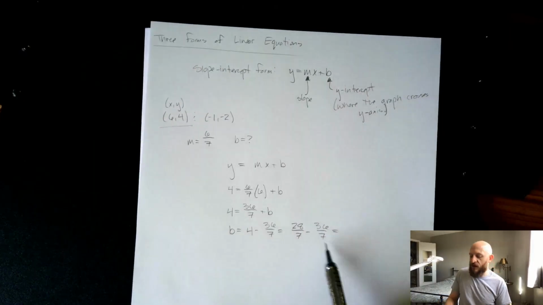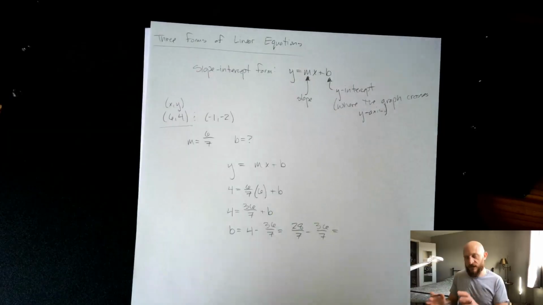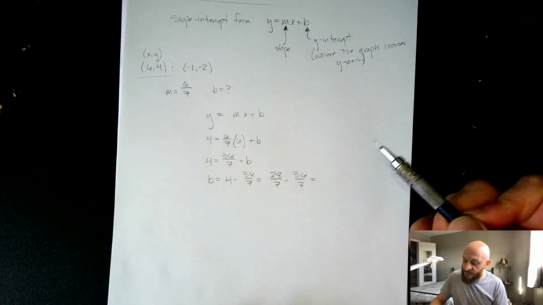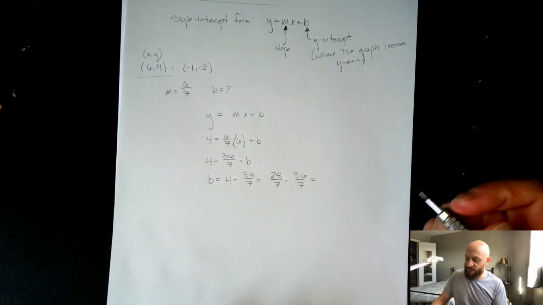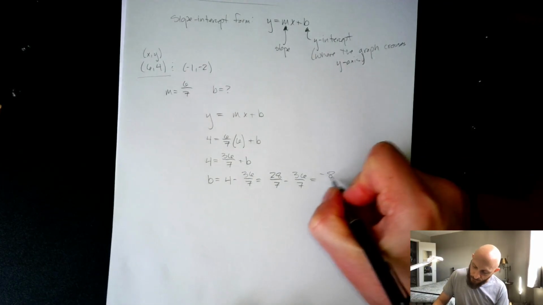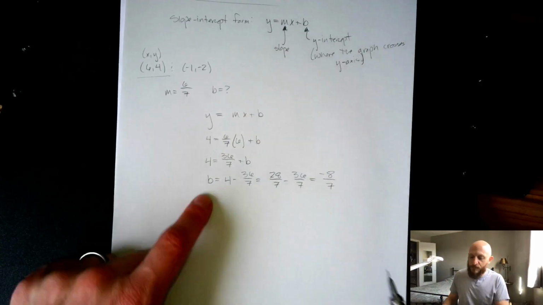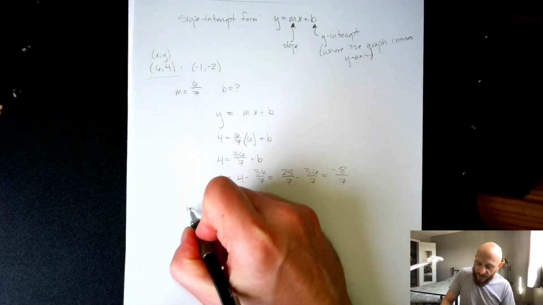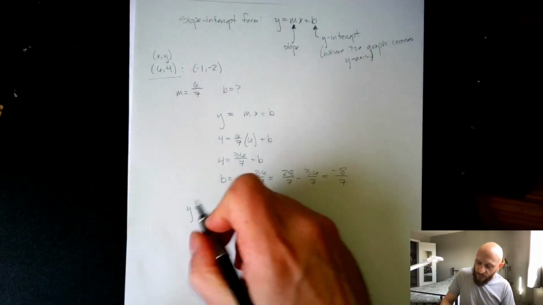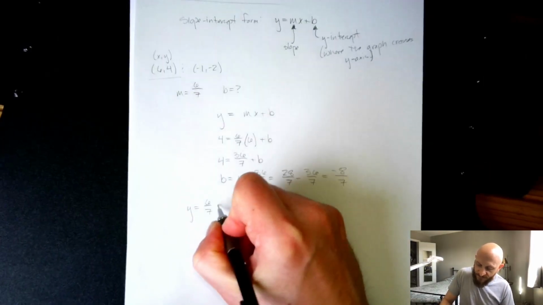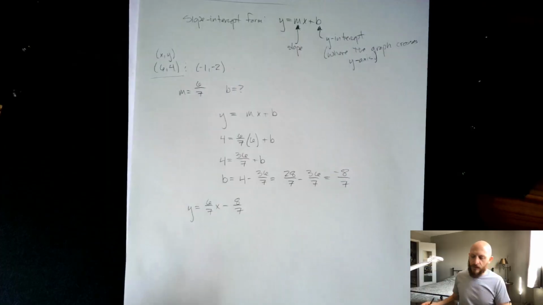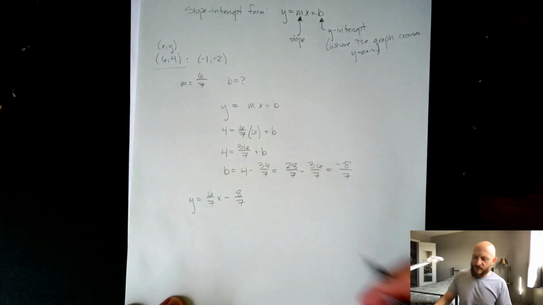Now that I have a common denominator, I can just do the arithmetic in the numerator. 28 minus 36 is -8, so -8/7. So b is -8/7. So what is the equation of this line? It's y equals 6/7 x minus 8/7. That's probably how you would most commonly write this.